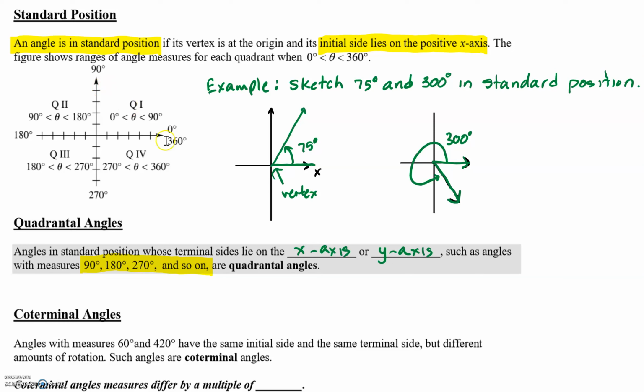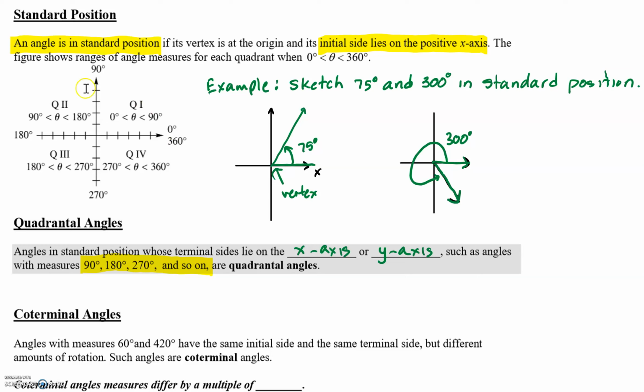And that makes sense. Even 0 is a quadrantal angle. 90 degrees is right on that y-axis. 180 degrees is another 90 degrees, so that is right on the x-axis. You add that 90 degrees again, that's 270, and 90 degrees again is 360.